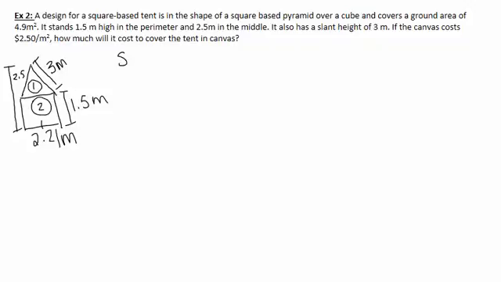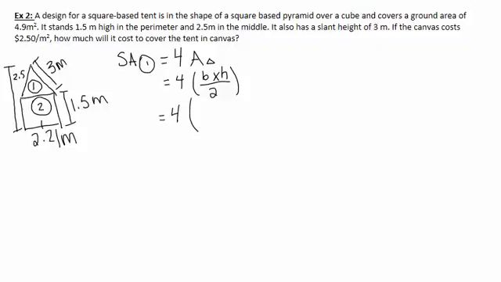So the surface area of the top shape is going to be equal to 4 areas of the triangle. So it's basically the surface area formula for a square-based pyramid without the base shape, because that isn't covered as it's on the inside, so it's an inside face. The canvas only covers the outside of the tent. So 4 times base times height divided by 2.